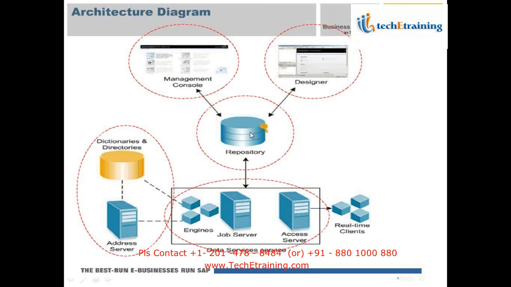In BW, you have different layers. You have the persistent staging area. Then you have to model your data according to the InfoCube or the data store objects, and then you will have to send it to a multi-provider. On top of that, you will be sending it to the reporting layer. It is not as complex as what you have in BW. Your transformations can be done very simply. If you want to handle transformations in BW, you will have to understand ABAP routines and all of that, so you don't have to do all of that within Data Services. You have graphical interfaces where you can move objects across to build a solution.